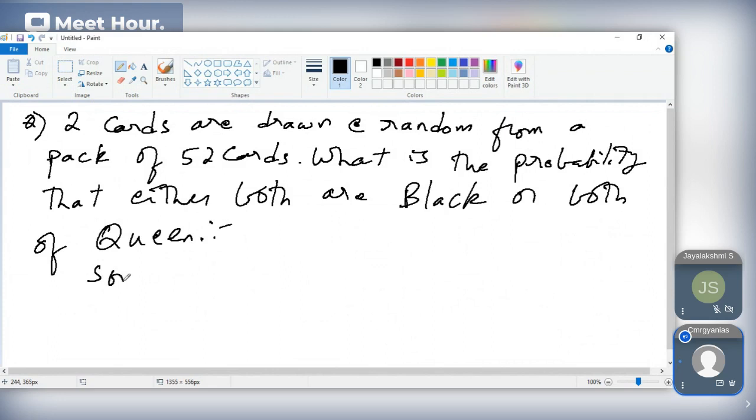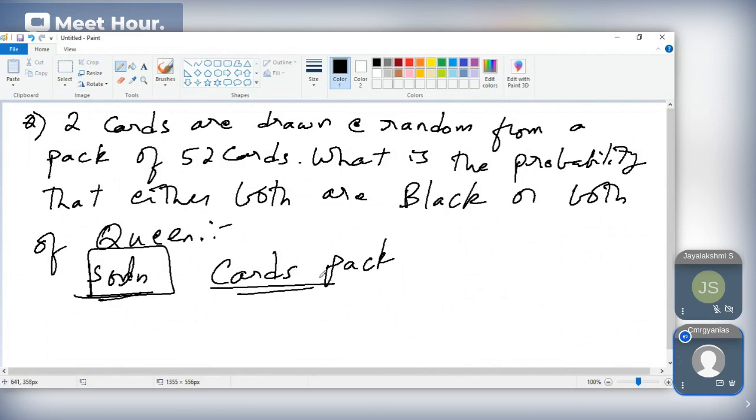One thing I tell you, to solve this question: sometimes questions on a pack of cards will come. So one thing we need to know, in a pack of 52 cards, there are two colors, black and red, and four symbols, like heart or diamond.